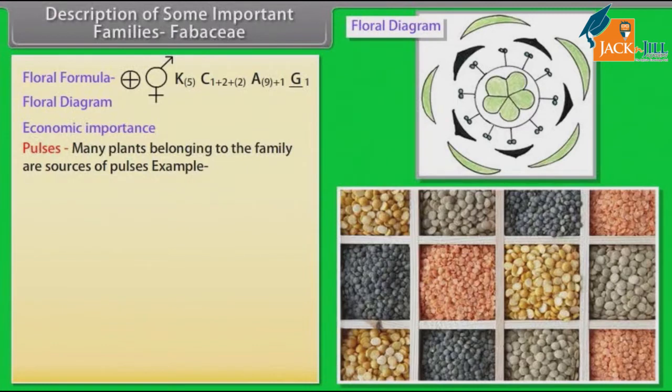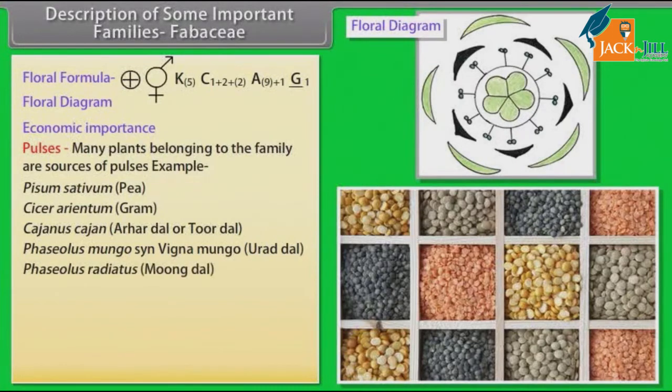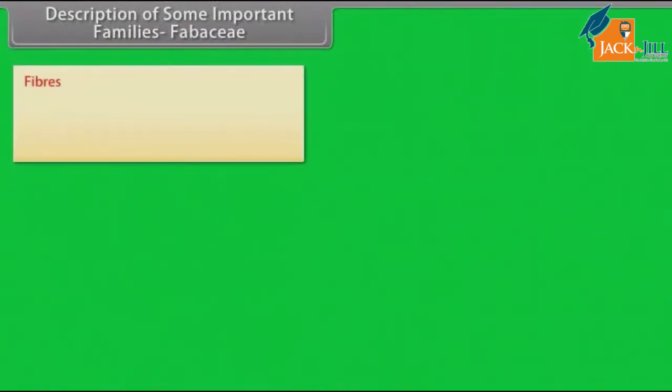Example: Pisum sativum, pea; Cicer arietinum, gram; Cajanus cajan, arhar dal or tur dal; Phaseolus mungo, urad; Vigna mungo, urad dal; Phaseolus radiatus, mung dal; Vigna sinensis, lobia; Phaseolus vulgaris, French or kidney bean or rajma; Lens esculenta, masoor dal; Lathyrus sativus, khesari dal.